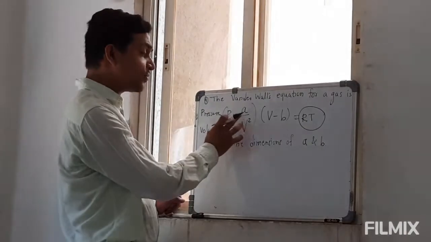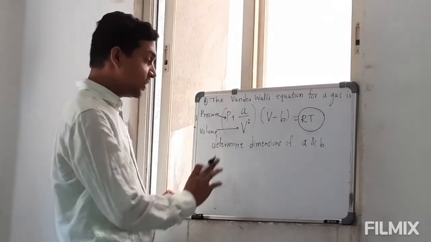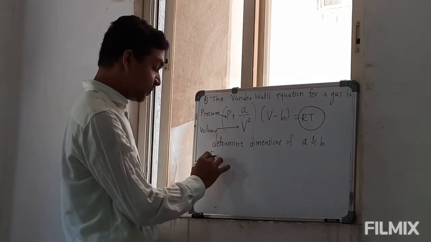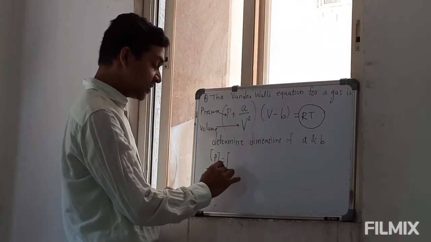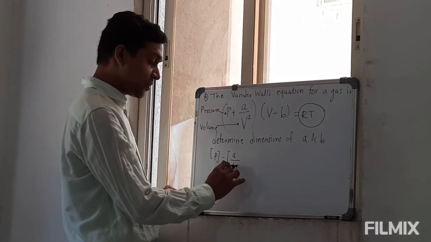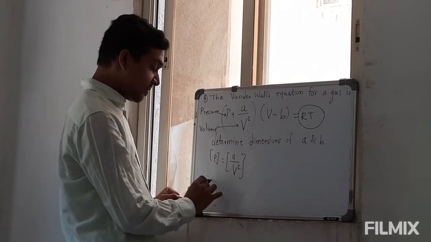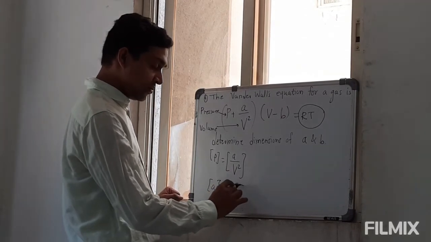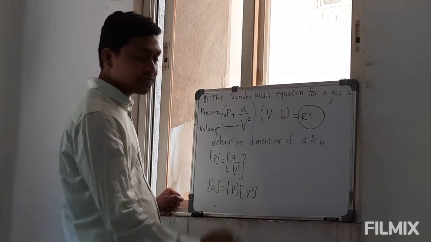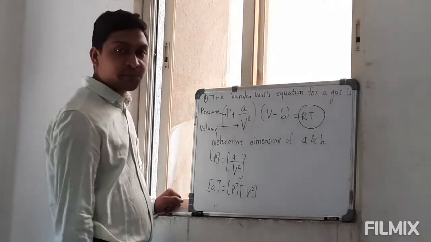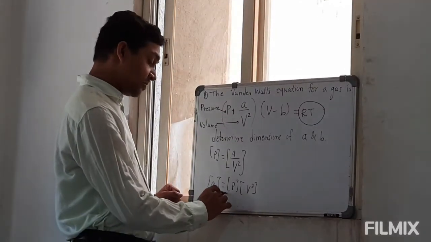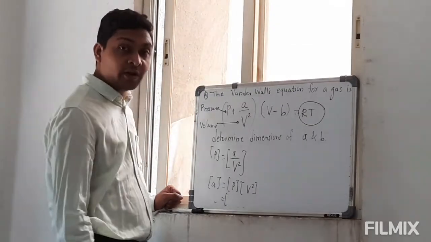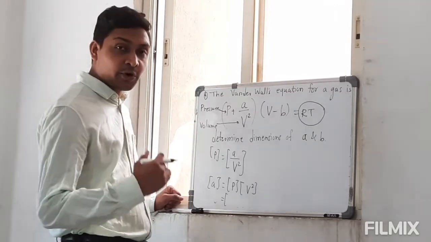Because we want to find dimensions for A only and B only, we can easily find them using the principle of homogeneity. Dimensions for P, pressure, should be equal to dimensions for A upon dimensions for volume square. I want dimensions for A, so it will become dimensions for P into dimensions for volume square. What are the dimensions for pressure? You should remember the dimensions, or if you do not remember, you go to the formula. Pressure is force upon area.